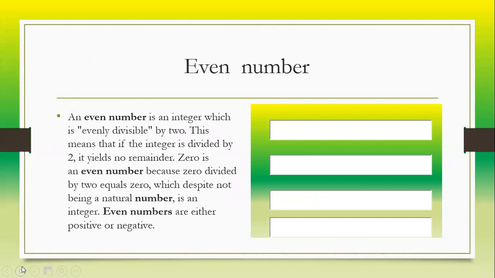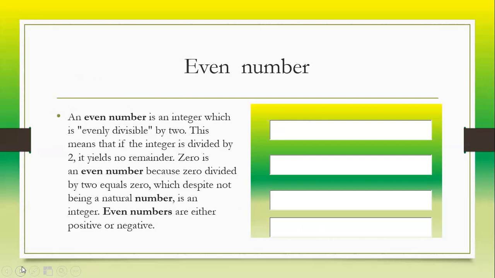An even number is an integer which is evenly divisible by 2. This means that if the integer is divided by 2, it yields no remainder. 0 is an even number because 0 divided by 2 equals 0, which despite not being a natural number is an integer.